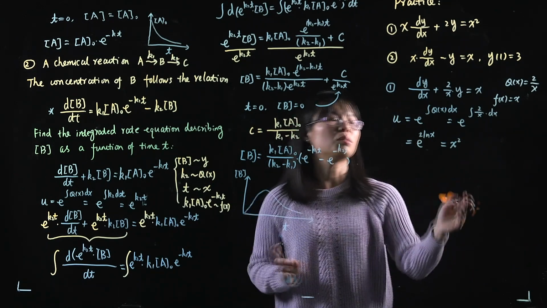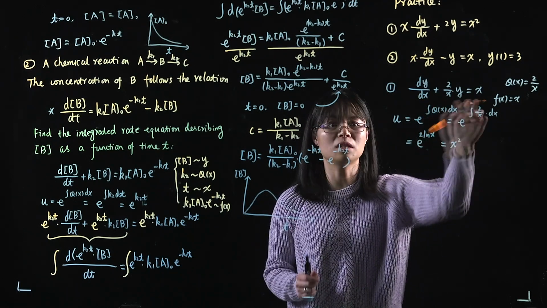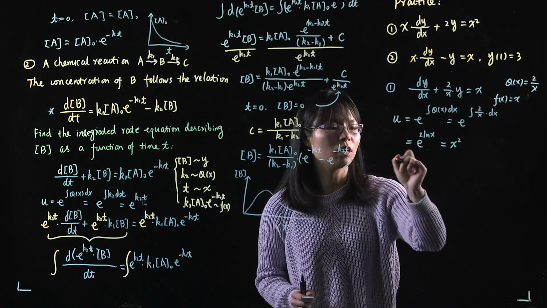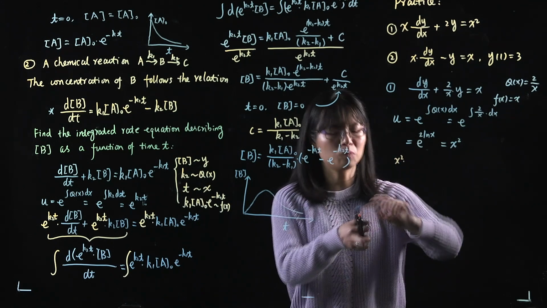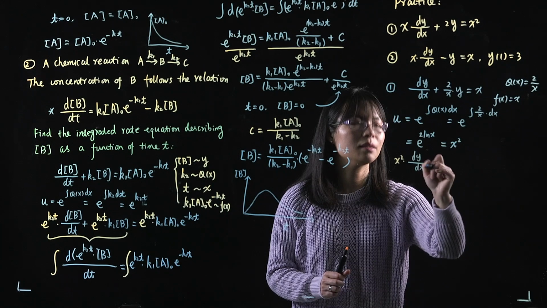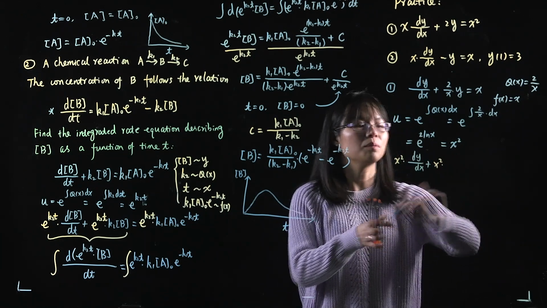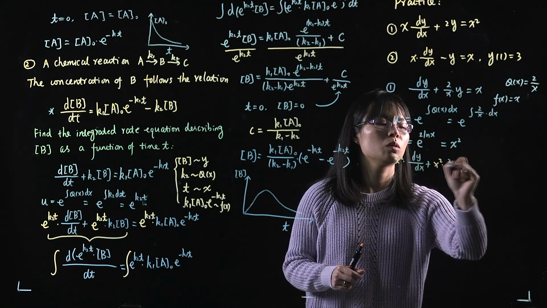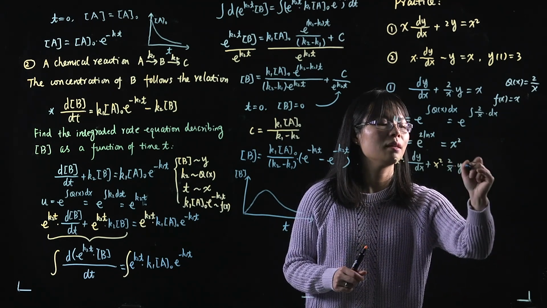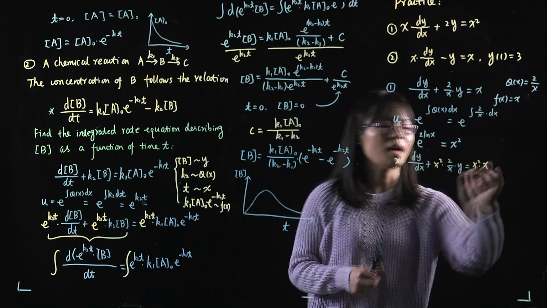Again, the strategy is to multiply the integrating factor to every single term in the equation, which will give me x squared times dy/dx plus x squared times 2y over x equals x squared times x.